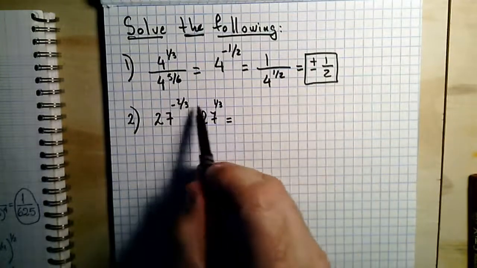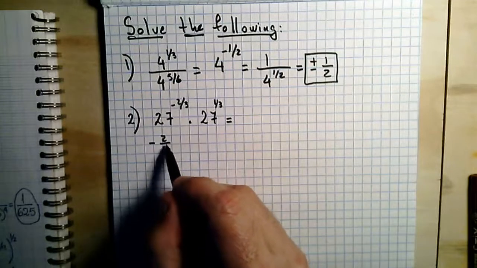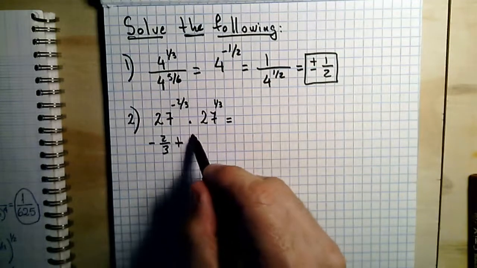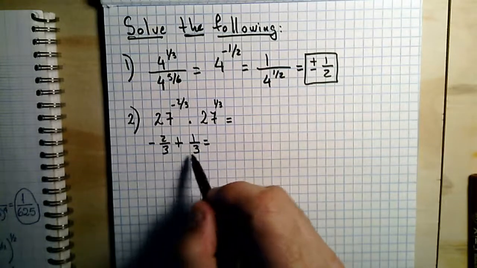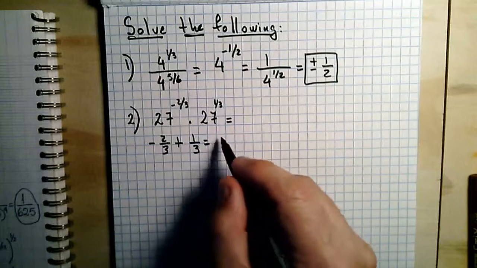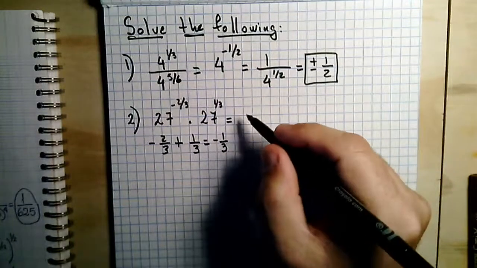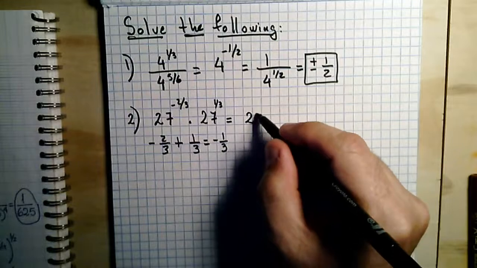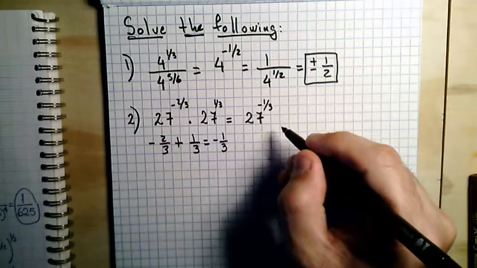In this situation, this is addition, so I have negative 2/3 plus 1/3. Same denominator, negative 2 plus 1 is going to give me negative 1/3. So the base is the same, 27, but the exponent is negative 1/3.